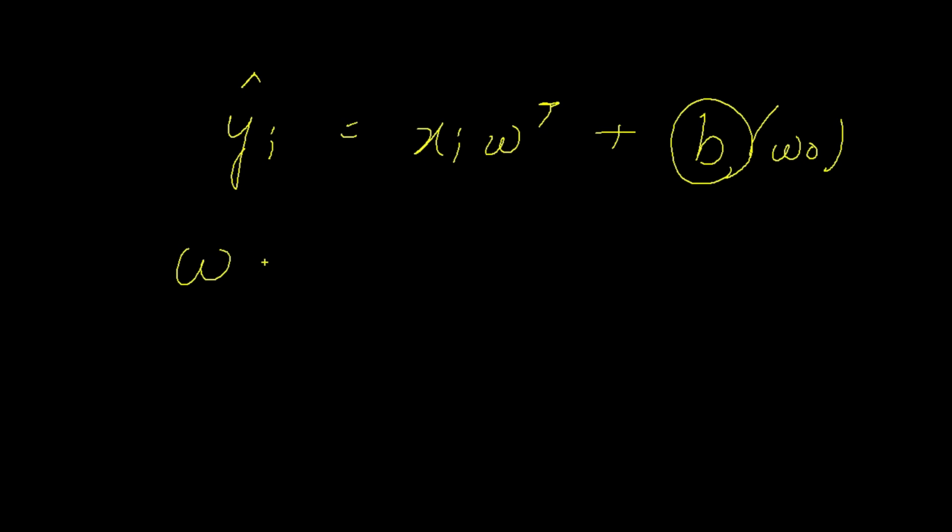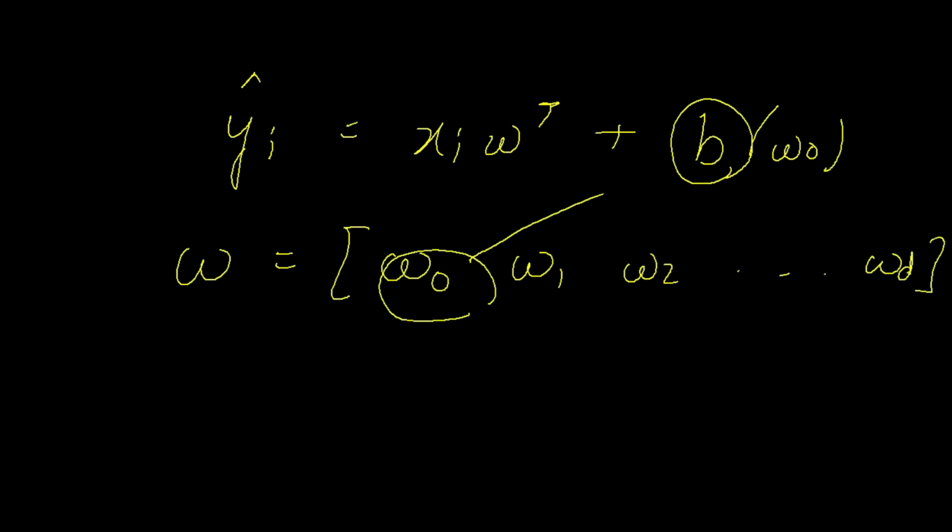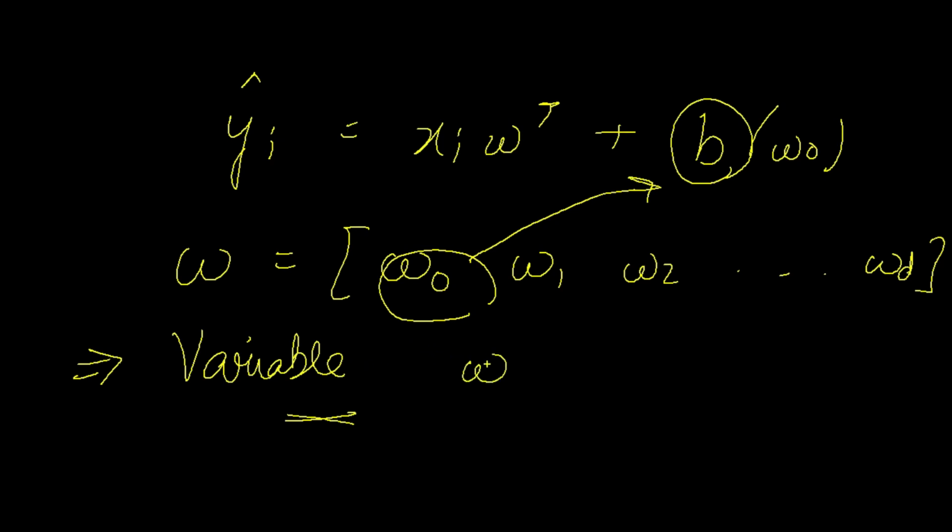In the vector of weights, we denote it also in this way, w0, w1, w2 up to wd, where w0 corresponds to this one, or we can simply add a b. So in this equation, the variables whose values are going to change throughout the training process are w and b.